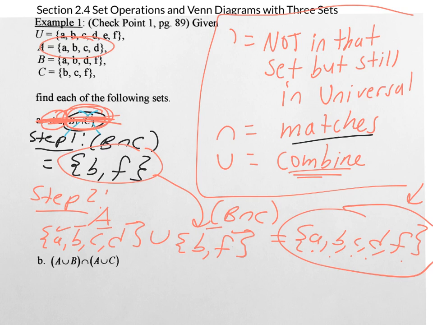Taking a look now at question B. Question B has parentheses A union B, close the parentheses, intersected with more parentheses A union C, close those parentheses.